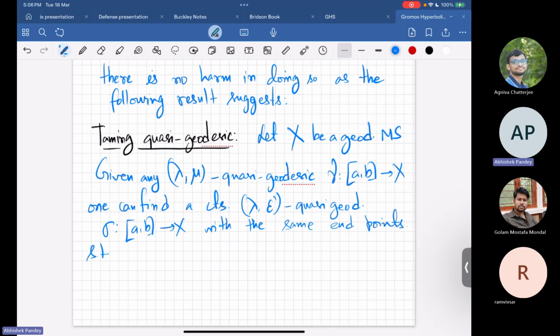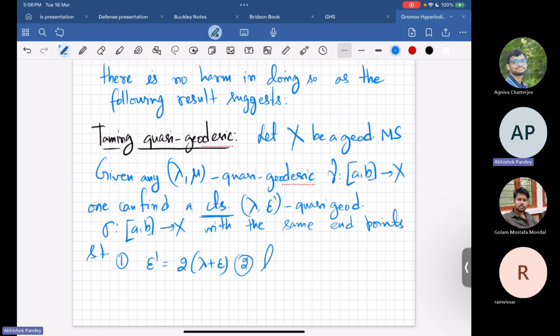such that, see here we have this continuous (lambda, epsilon') quasi-geodesic. It means it becomes a curve. So that, first, epsilon' is equal to 2 lambda plus epsilon.